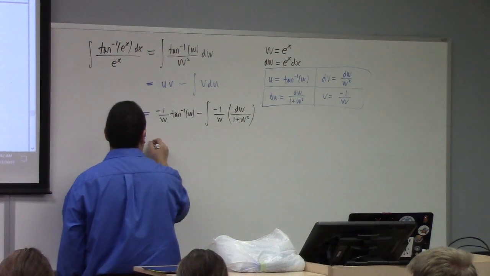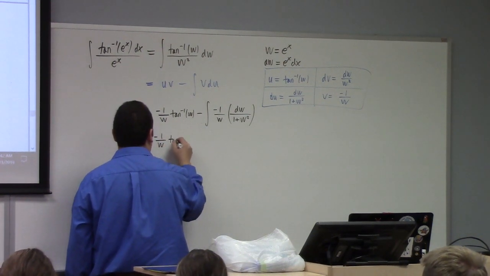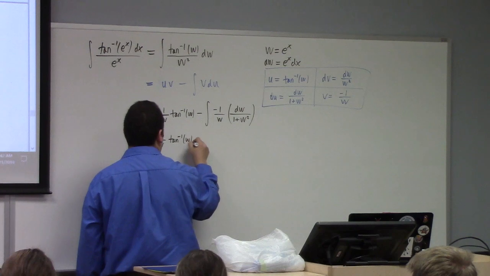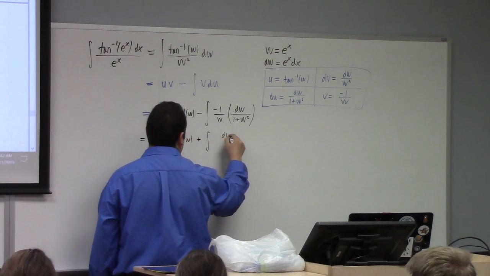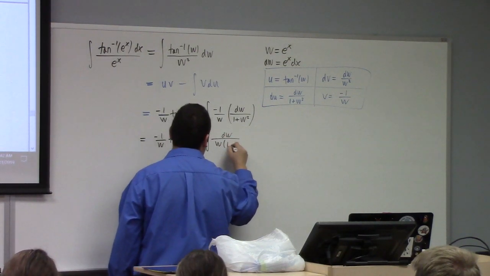I'll clean it up one more step here. This is minus 1 over w, inverse tangent of w, plus the integral of dw over w times 1 plus w squared.